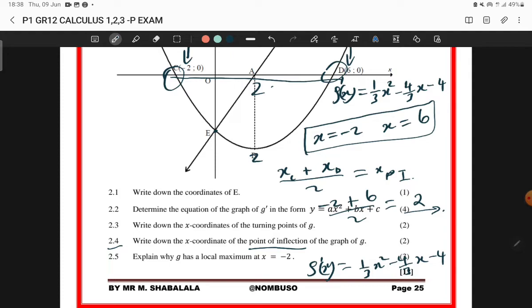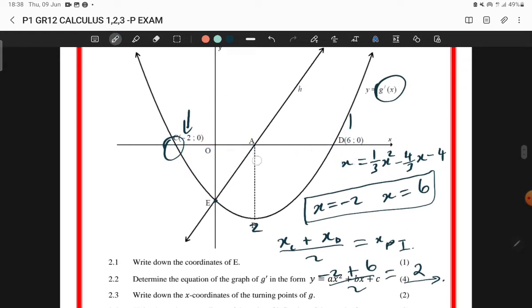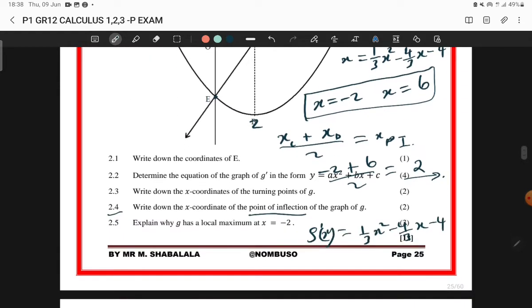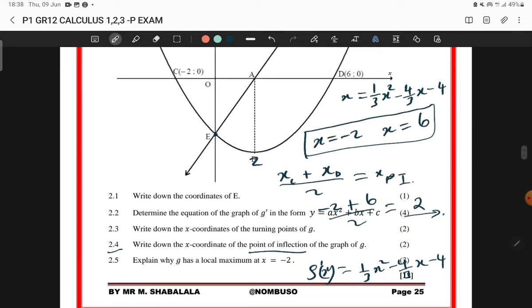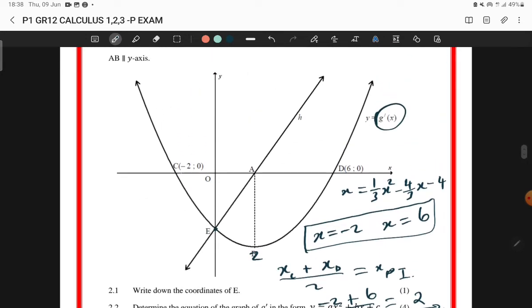Let's come to number 2.5. Number 2.5 says, explain why g has a local maximum at x is equal to negative 2. How do we know that this is the x coordinate of the local maximum?